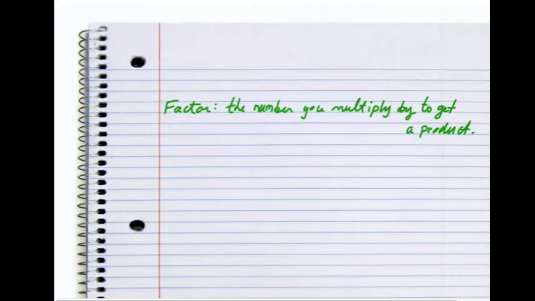So an example of that would be the number 12. And factors of the number 12 can be 2 times 6, 1 times 12, or 3 times 4.